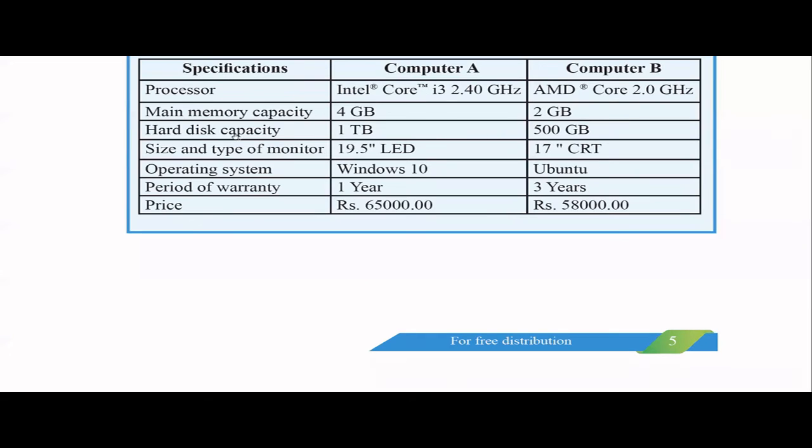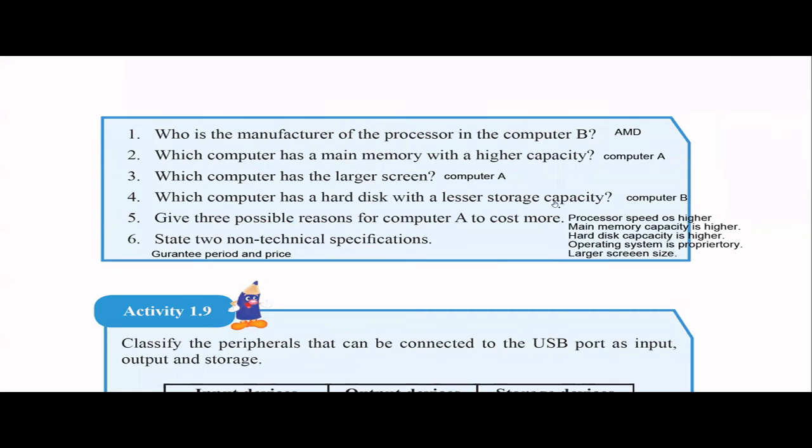Computer A has 1 terabyte. This has only 500 GB. GB is a lesser value, right? 1024 GBs equal 1 TB. So lesser hard disk capacity is with computer B.